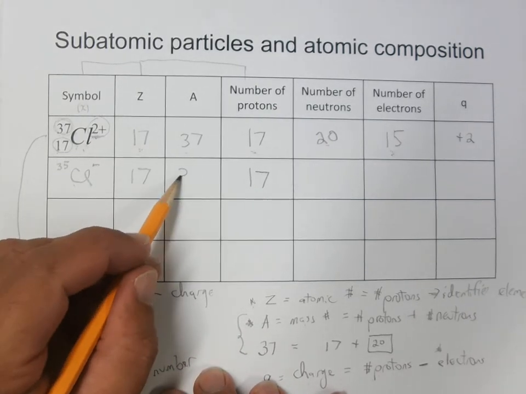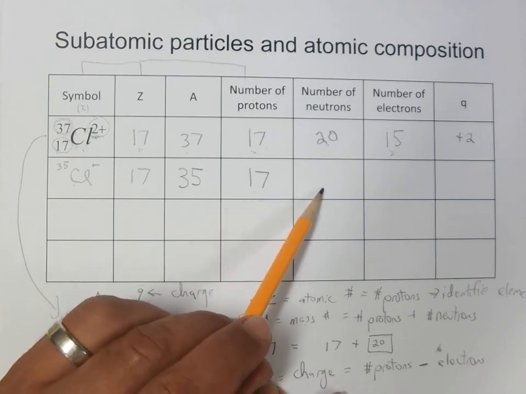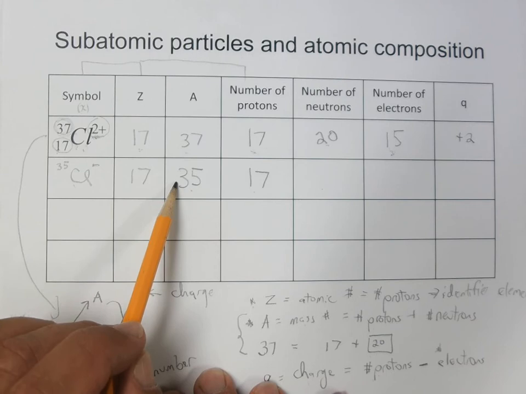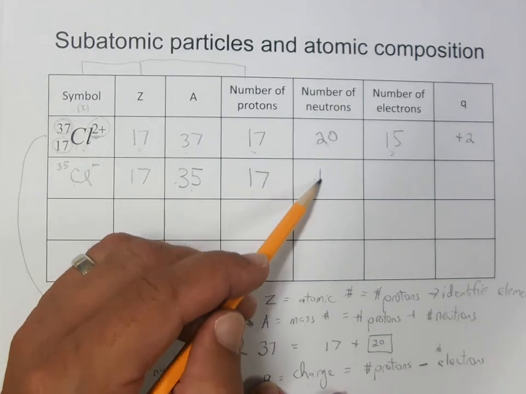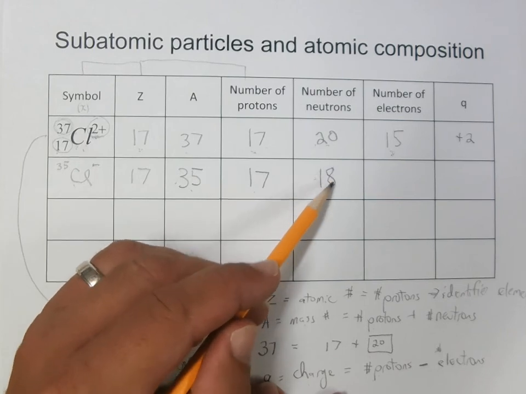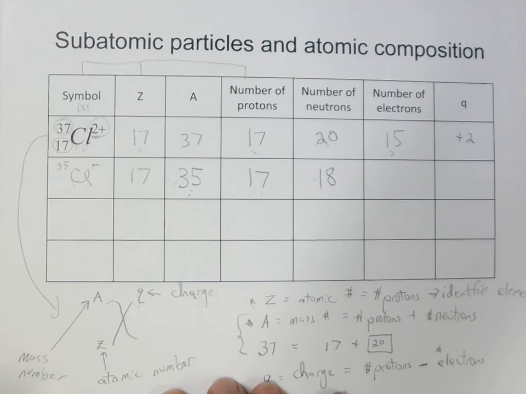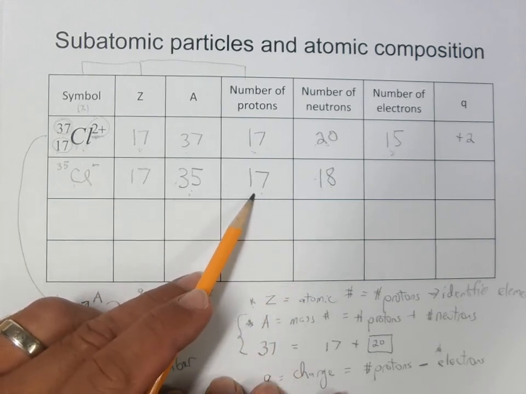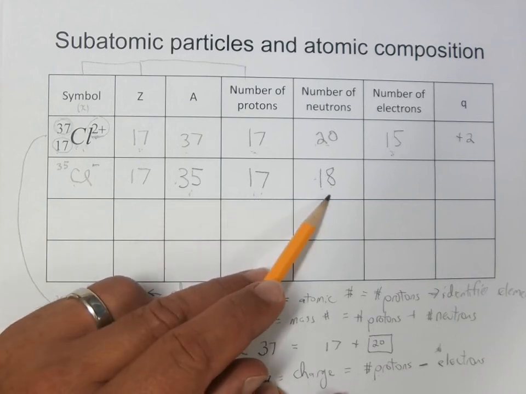Now if its mass number is 35, 17 plus what equals 35, and if you just go by comparison, to have a mass number 2 lower, it's going to have 2 fewer neutrons. So 18 neutrons plus 17 protons makes 35. Check, mass number looks like it works out with these guys. For chlorine, it has to be 17 protons. Mass number 35 means it has to have 18 neutrons.